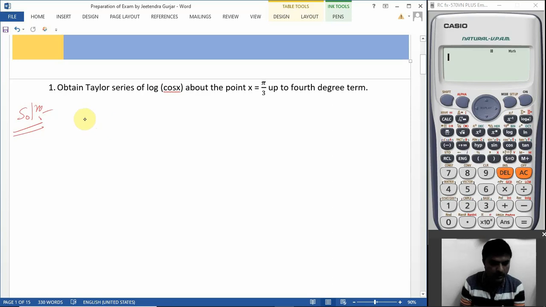Yes, students, we know x is equal to a, and it is already given that x is equal to pi by 3. So indirectly a is equal to pi by 3. That's simple. You can compare this equation and that equation, and easily see that this a is nothing but our pi by 3. This is the first step you should remember.